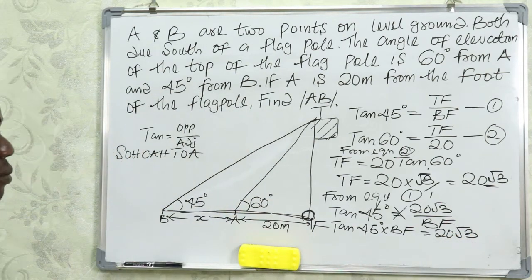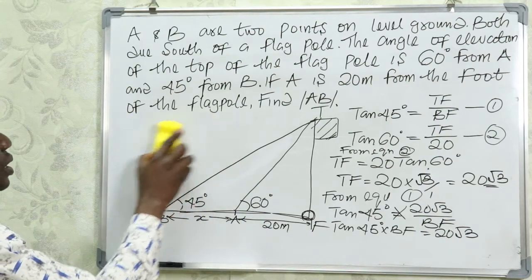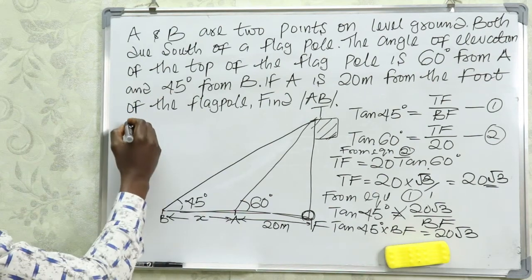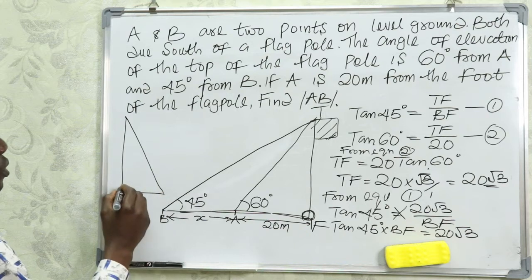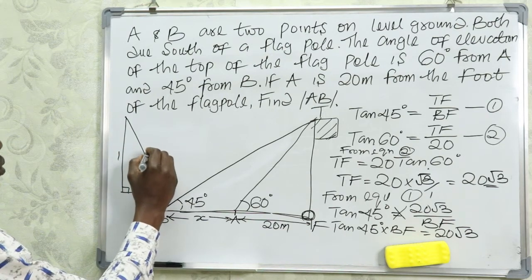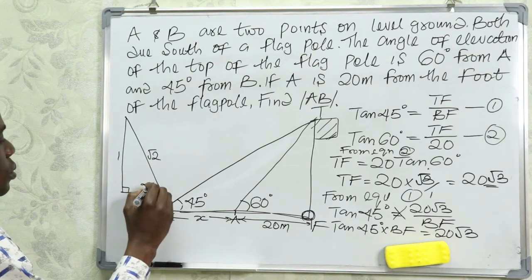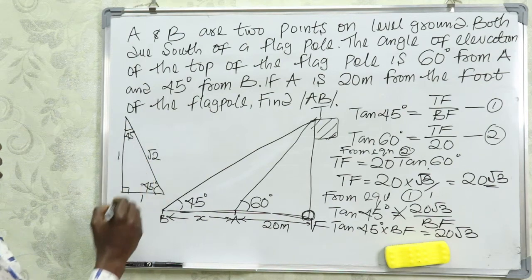Now what is tan 45 degree? To get tan 45 degree, we are going to look at an isosceles triangle. This is 1, this is 1, and this will give us root 2. And it has the angle to be 45 degree.